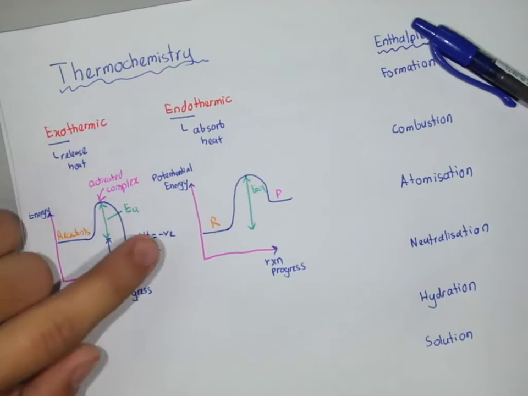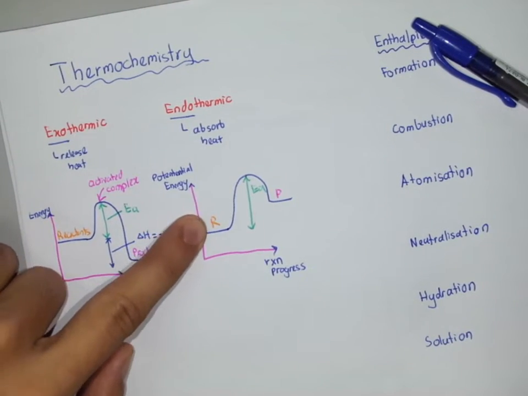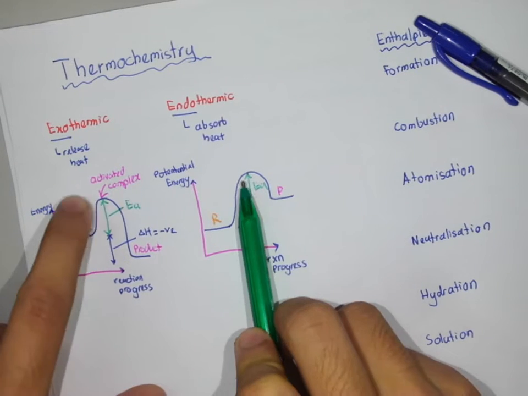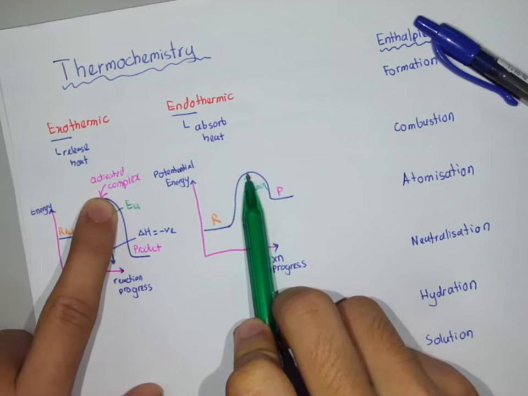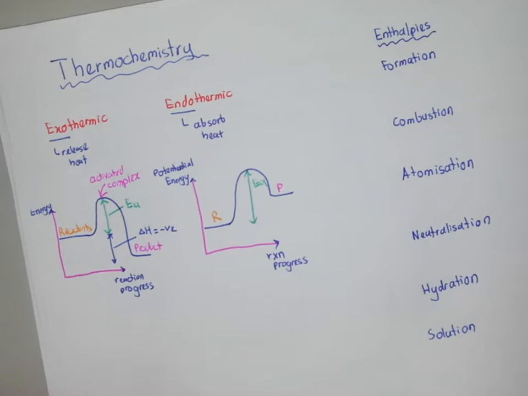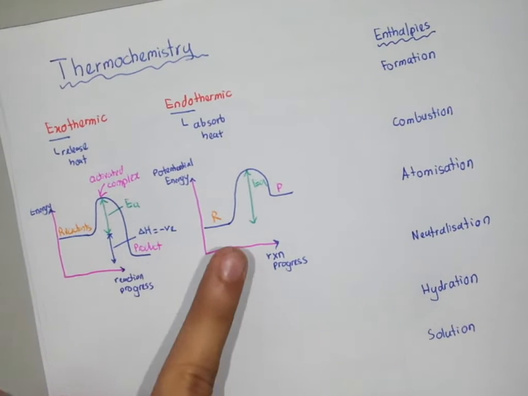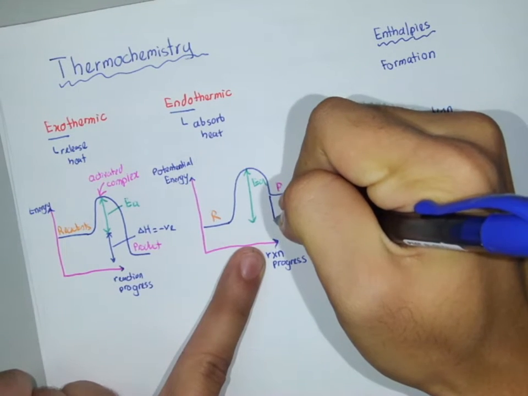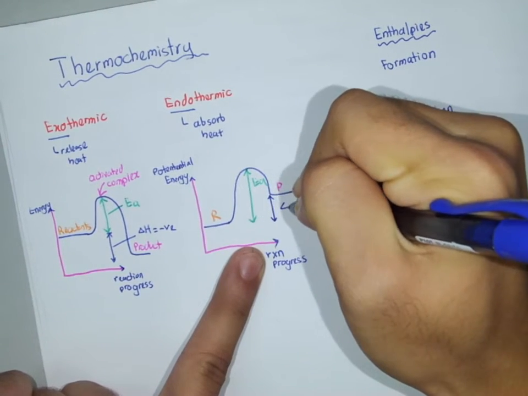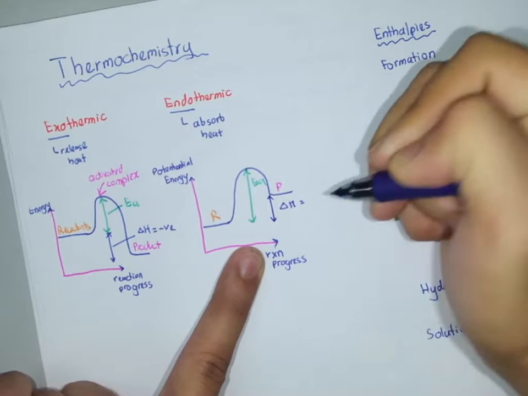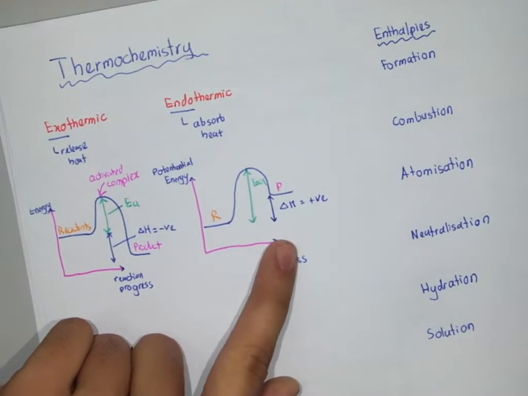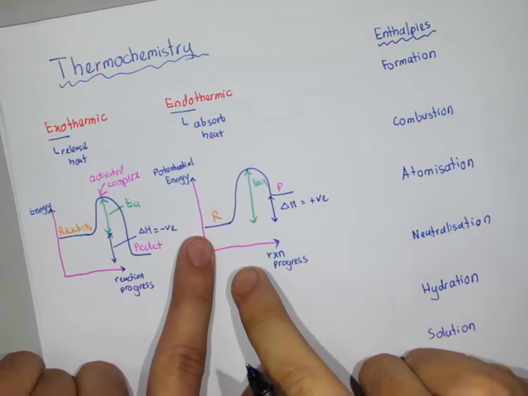EA always start dengan you punya reactants to the top of the hill, and then the delta H for endothermic is this. The delta H is positive in value because it absorb heat, absorb energy.